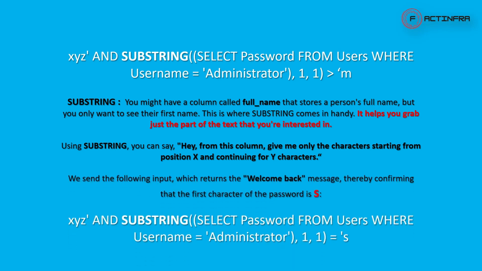If I'm talking about the second condition, we send the following input. You can see in the below query: xyz single quote and substring select password from users where username equal to administrator, 1 comma 1, equal to s. That means the first character of the password is equal to s.